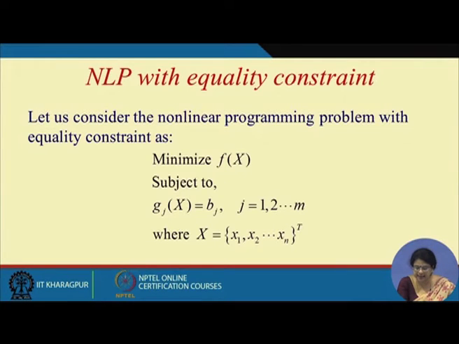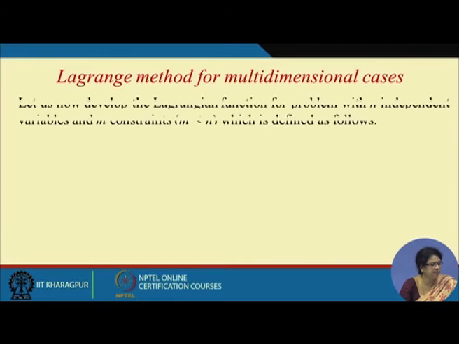Okay, let us extend the Lagrange method I explained to you for the n-dimensional problem with a single constraint. The same method we will just extend, but with different Lagrange multipliers.